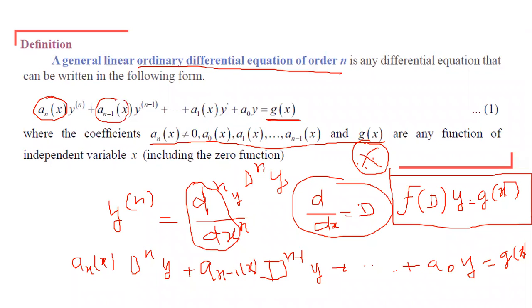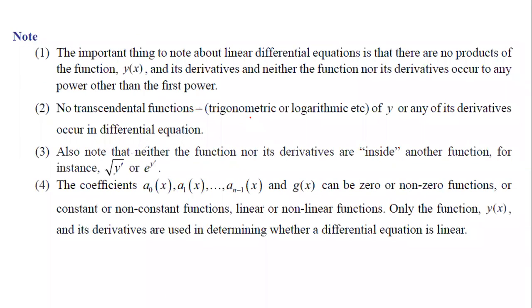All these a naught, a n, these coefficients of d y power n minus 1 y, every coefficient should be a function of x or a constant. It should not be a function of y. And no transcendental function, trigonometric or logarithmic function of y or any of its derivatives, should occur in the differential equation.